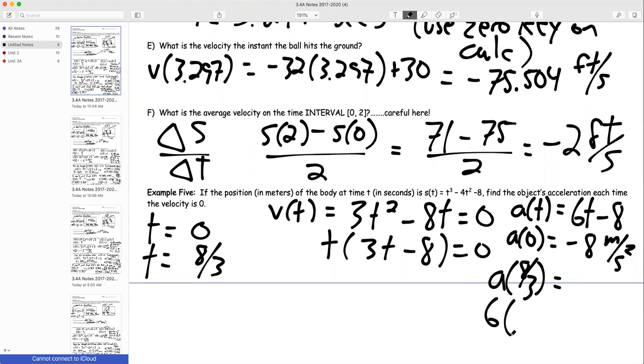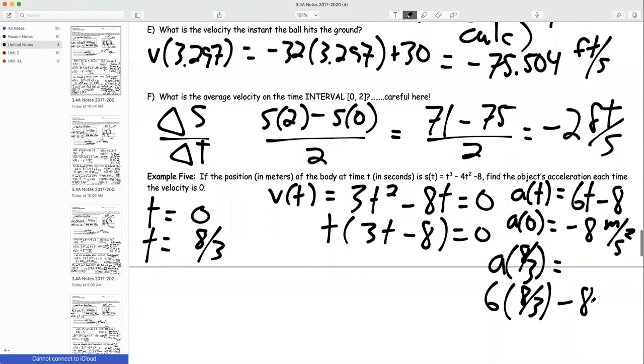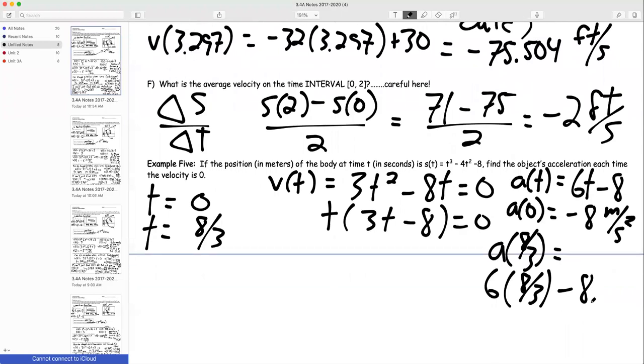Let's see. 6 times 8/3 minus 8. 6 times 8 is 48. Calculator, where have you gone? 48 divided by 3 is 16. 16 minus 8 is 8 meters per second squared. And there we go. How do you get 8/3 on the TI?